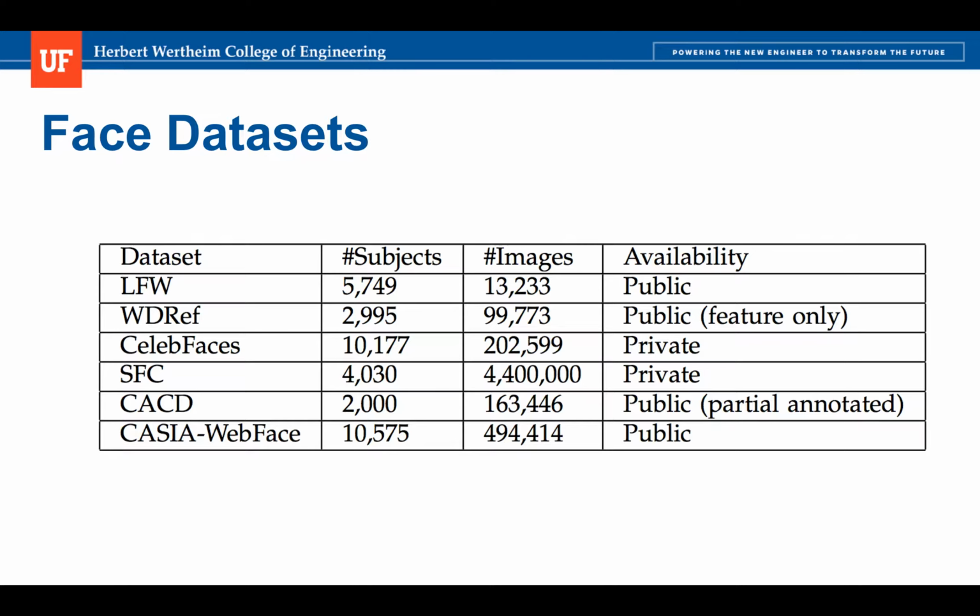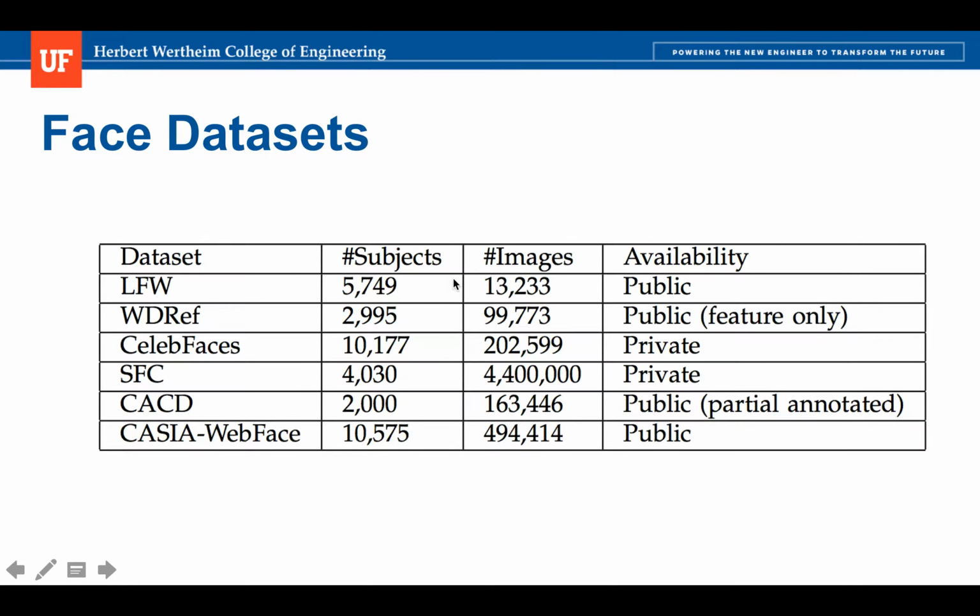As you see here, CASIA WebFace is indeed the largest public dataset, and that's why we chose it. We have another large dataset called celebrity faces, but it's a private dataset. We cannot get it.